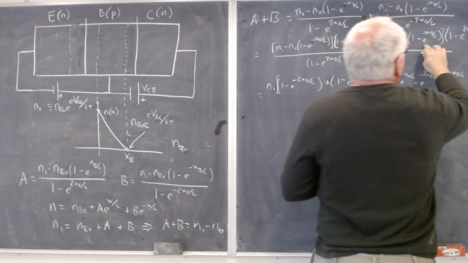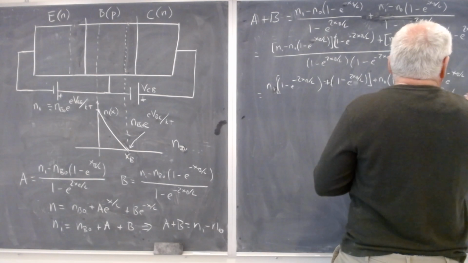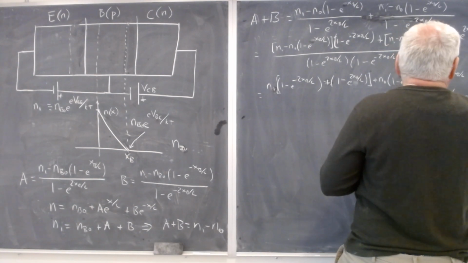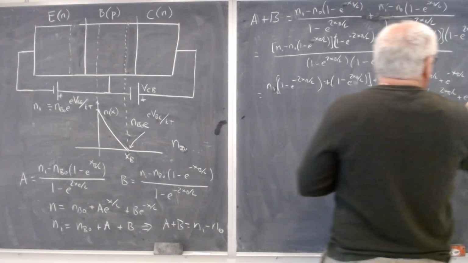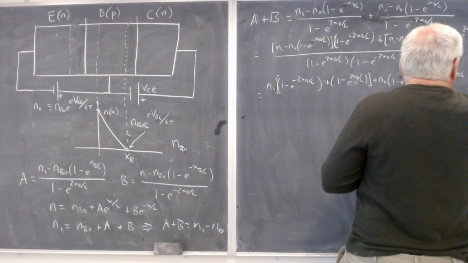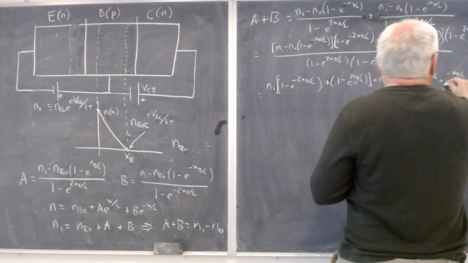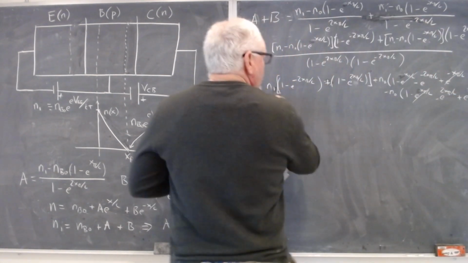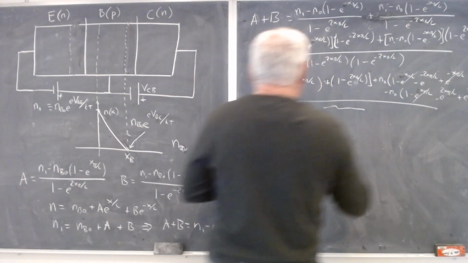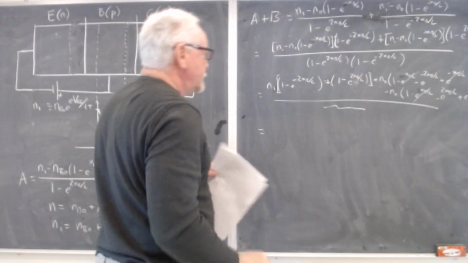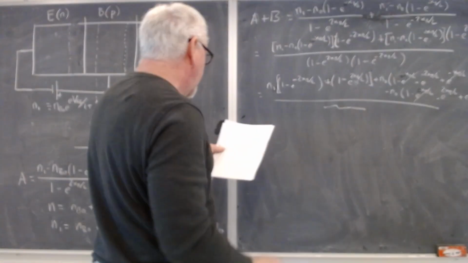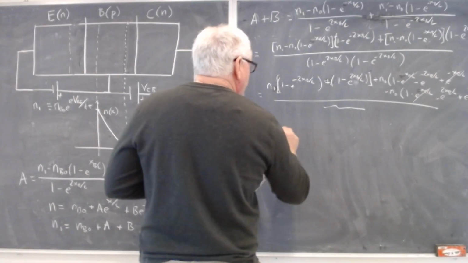Okay, and then plus e to the xb over L. All right, and you see that cancels that, and that cancels that. That's over our denominator. And so if you collect variables, you see that's n1.